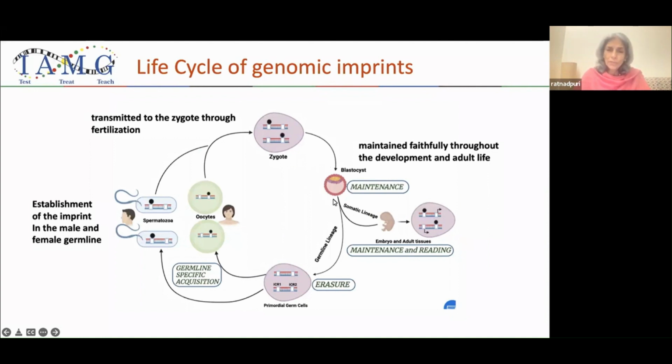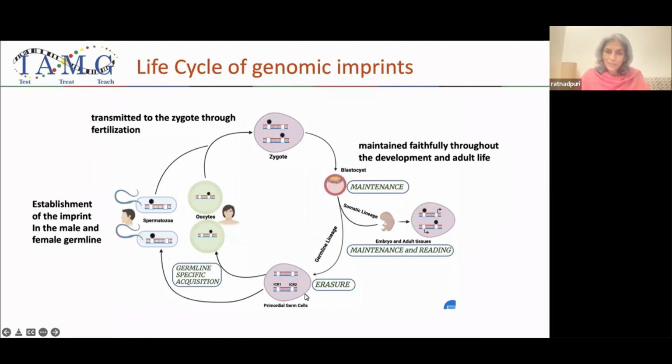However, from the blastocyst, part of these cells go towards the formation of the germline. And while they go towards the formation of the germline, the imprint that is inherited from the parents of this individual is erased. So in the primordial germ cells of this individual, the inherited imprint is erased.